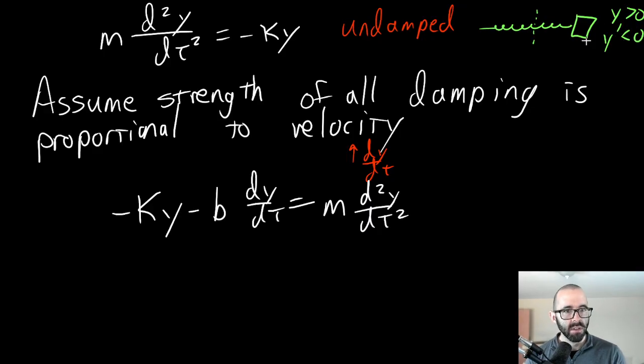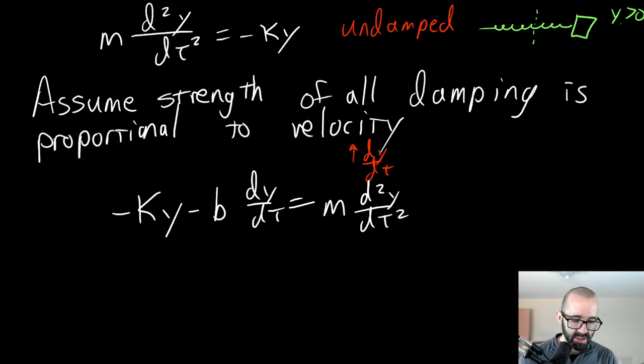So in general, for pretty much every spring system that I can think of, outside of any initial conditions, the force of these is going to be opposite. If y is positive, the spring's going to be pulling it in the negative direction. So a lot of times these are opposites. But anyway, take the physics knowledge with a grain of salt. I'm more of a mathematician, but that's one way of thinking about it.